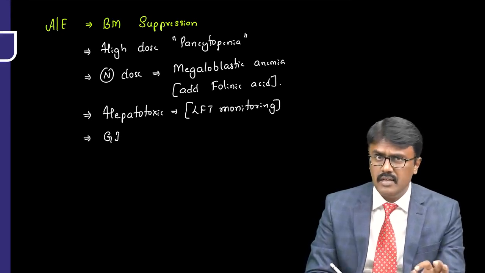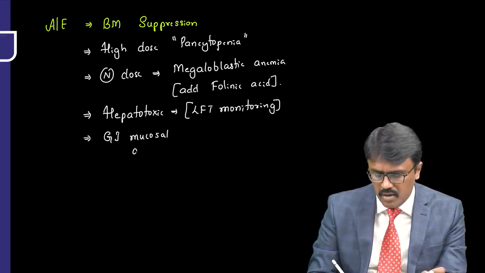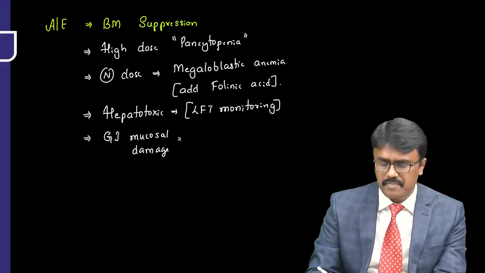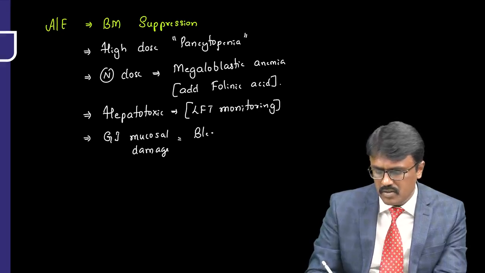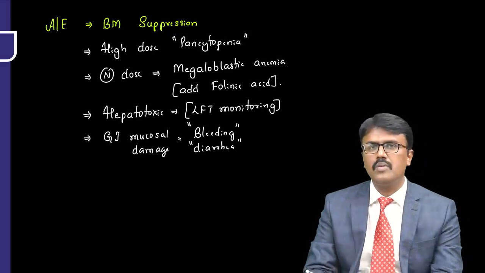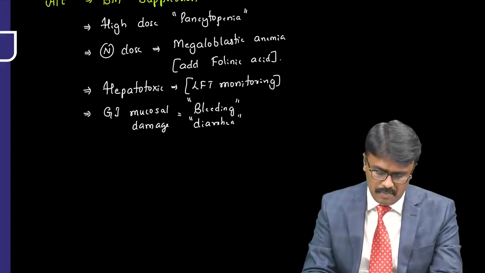GI means gastrointestinal mucosa, that can get damaged. Now what happens if it is damaged? Patient may have bleeding and bloody diarrhea in the GIT. So there is GI damage, bleeding, bloody diarrhea, all those things are seen.